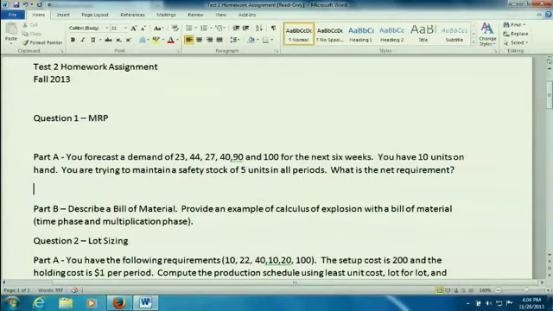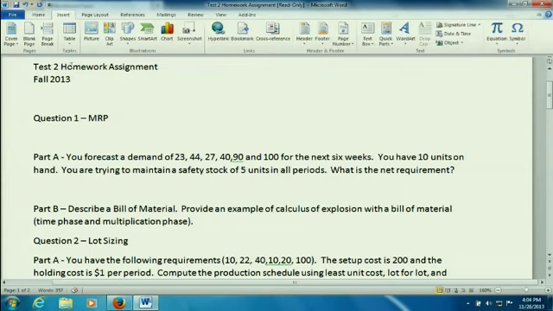The first one on part A says that you have a forecast demand of 23 units, 44 units, 27 units, 100, 90, and 100. So this is our gross demand, and we want to get a net requirement.